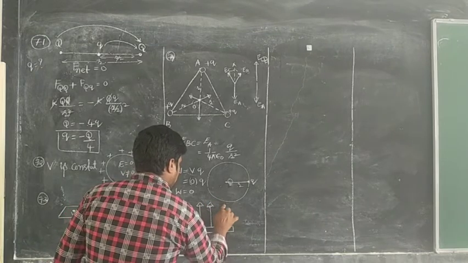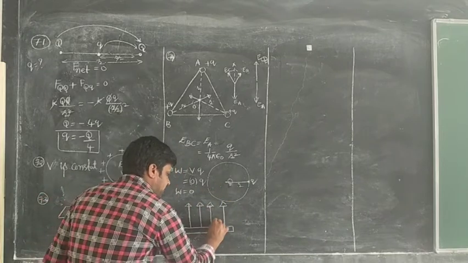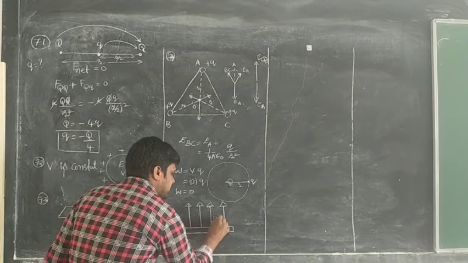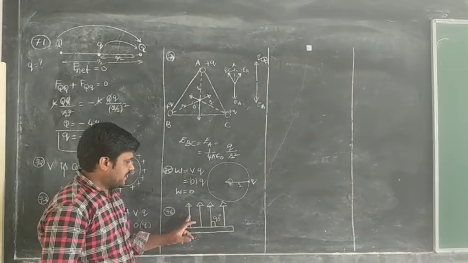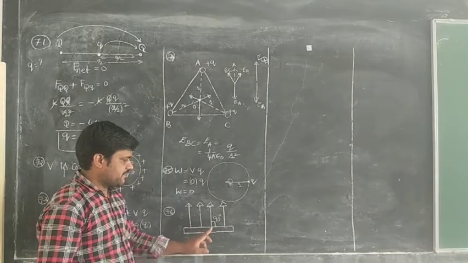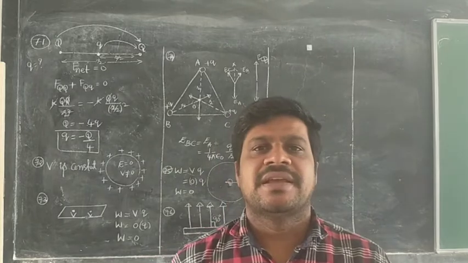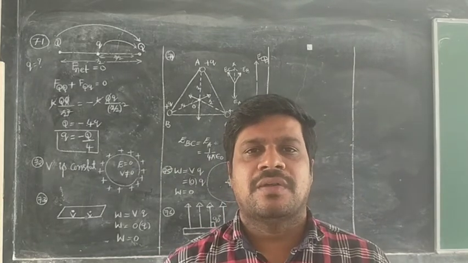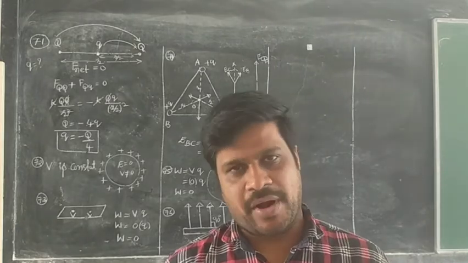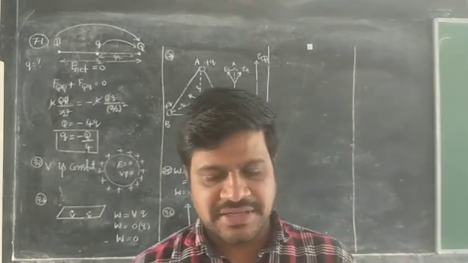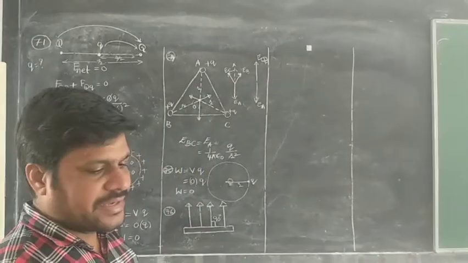So at any instant of time, the angle is how much? 90 degree. The angle is 90 degree between the lines of force and equipotential surface. Electric field lines are always normal to the equipotential surface at any point. So which option is correct? 90 degree means the third option is correct.